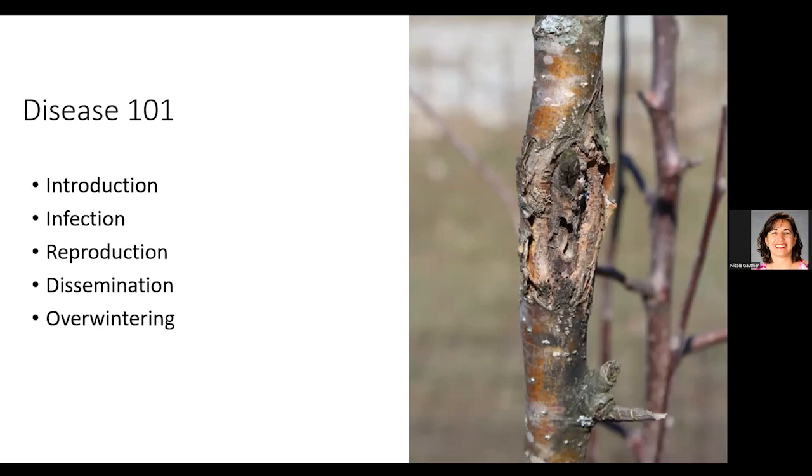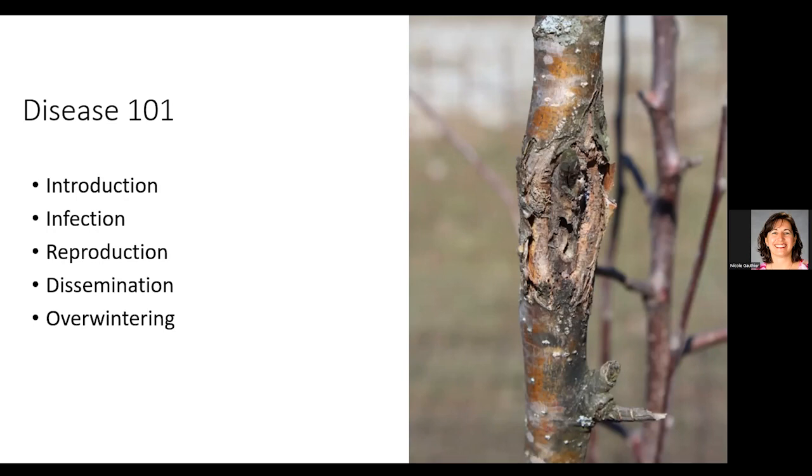So introduction can come by way of spores blowing in from a neighboring field, or in the case of cucurbit downy mildew, they blow in every year from the south. Introduction can be an infected transplant that you purchase from maybe not so reputable plug producer, and you put it into your field. So introduction has to happen. If the pathogen's not there, you cannot have disease.